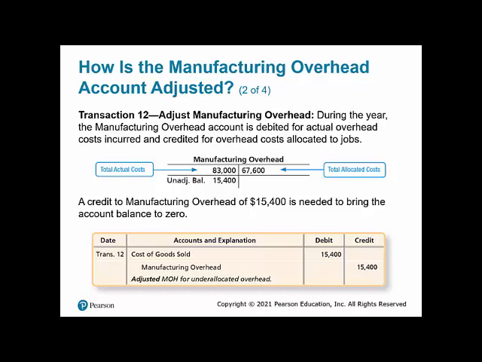That means the actual manufacturing overhead costs were more than the amount that was allocated to the jobs. Manufacturing overhead is a temporary account, so it needs to have a zero balance at the end of the year. Since it is underallocated, we need to adjust it by debiting cost of goods sold for $15,400 and crediting manufacturing overhead for the same amount.